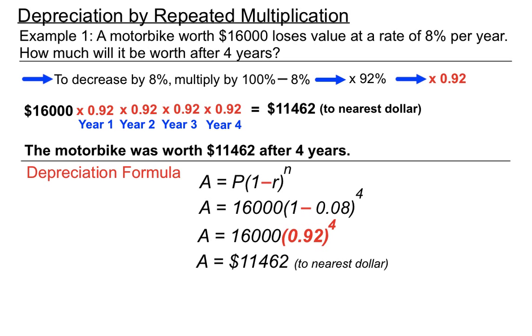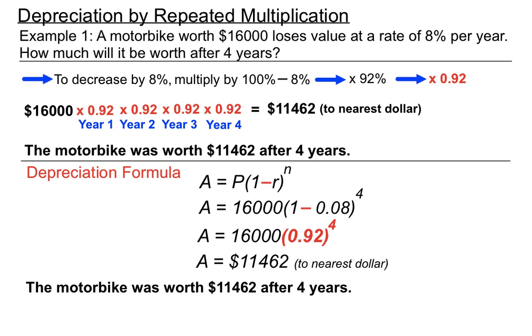The motorbike is now worth $11,462 like it was before. So the depreciation formula is just a shortened, summarized version of that repeated multiplication method. The value of the motorbike is reducing year after year, calculated on the balance at the end of the previous year, not the original balance.